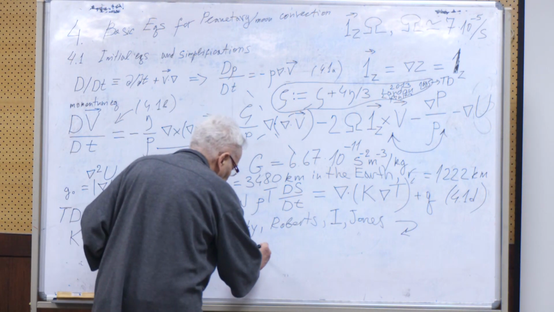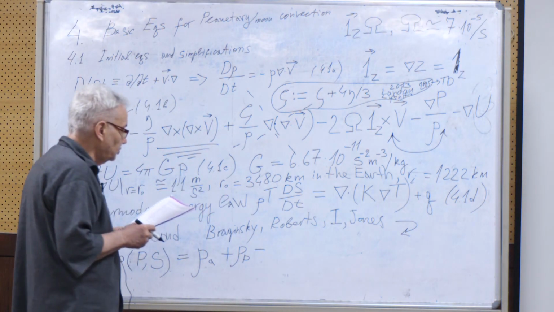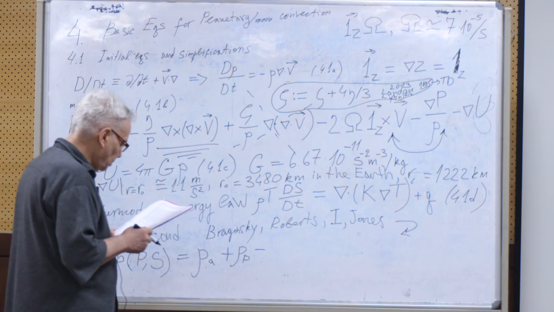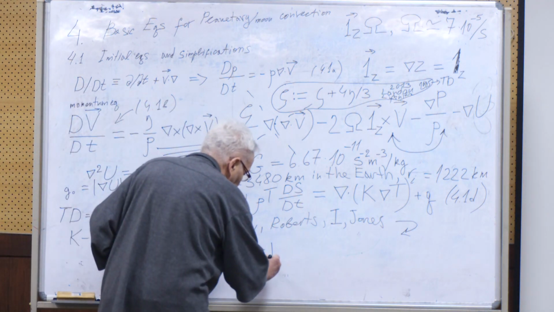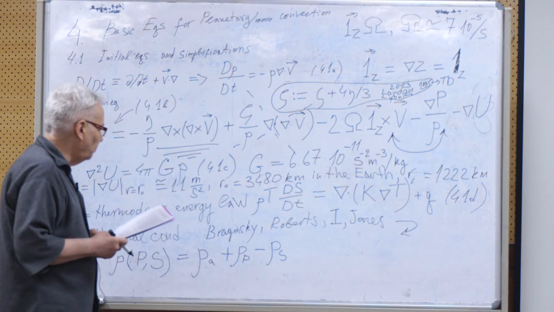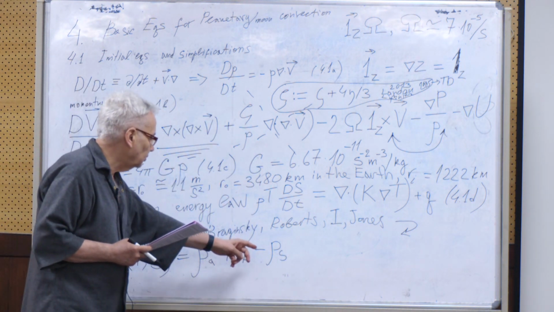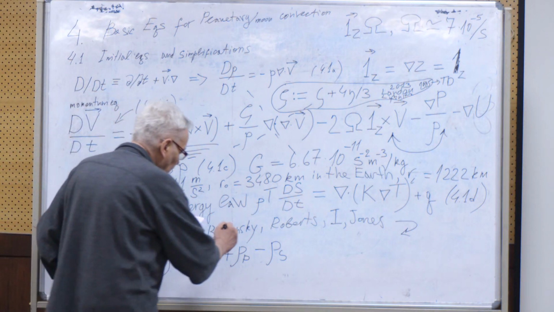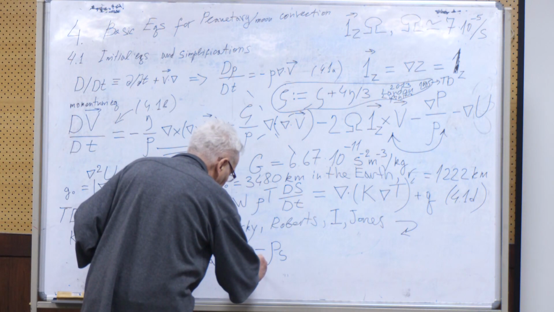And here we should put the minus because the entropy works in somewhat another direction. Here we have the S component, or entropy component, of the density. Oh, sorry, here I omit.